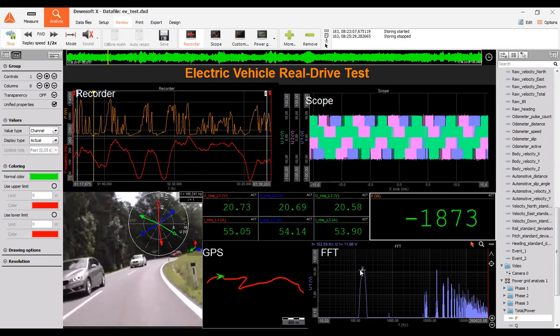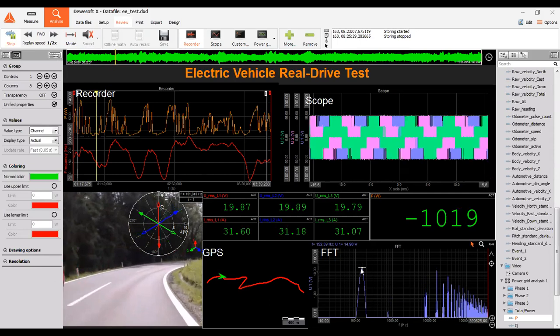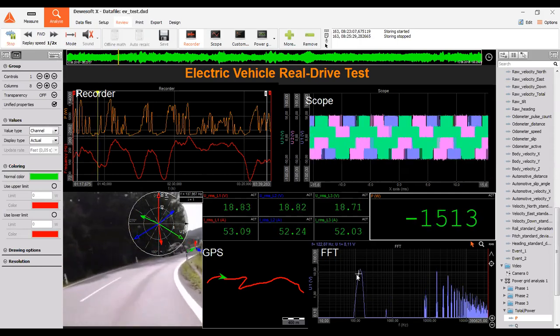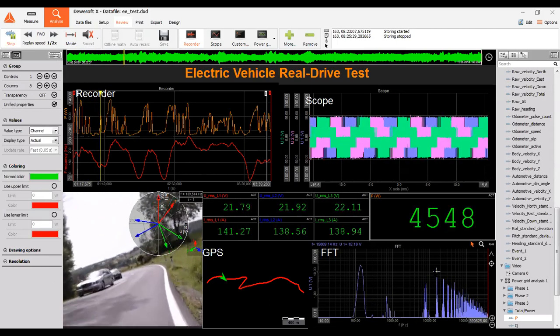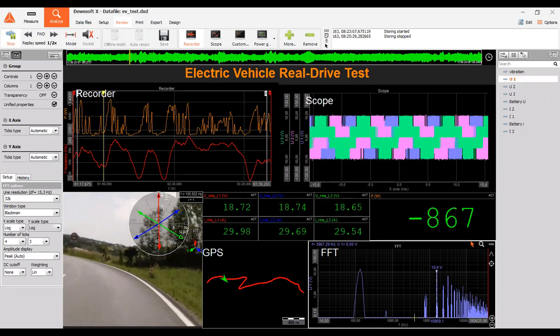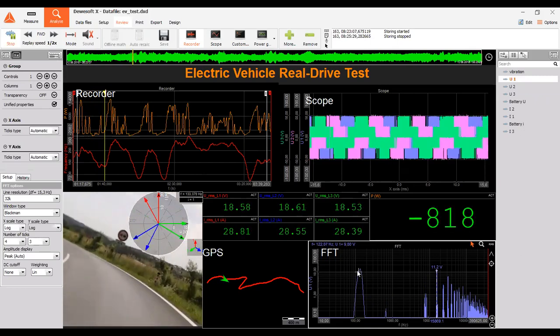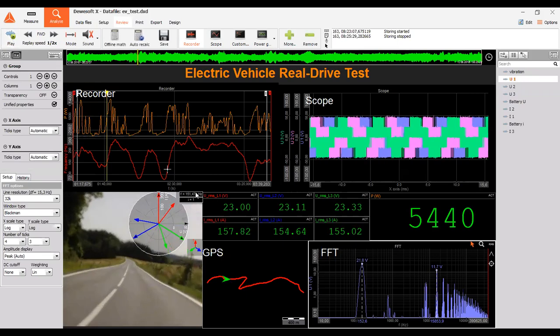We see the FFT chart, the switching fundamental frequency of the motor. And we have, of course, the switching frequency here, which is more or less about 16 kilohertz. The fundamental frequency is now 152 hertz.